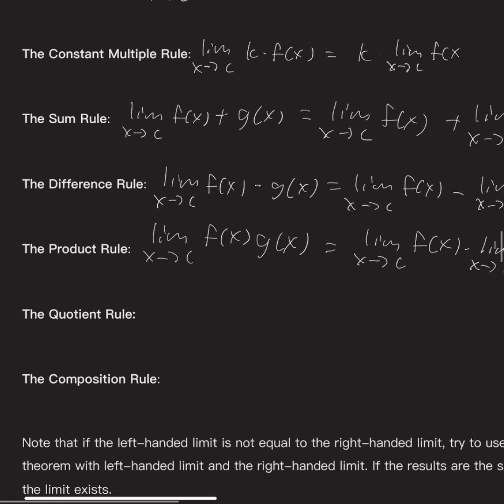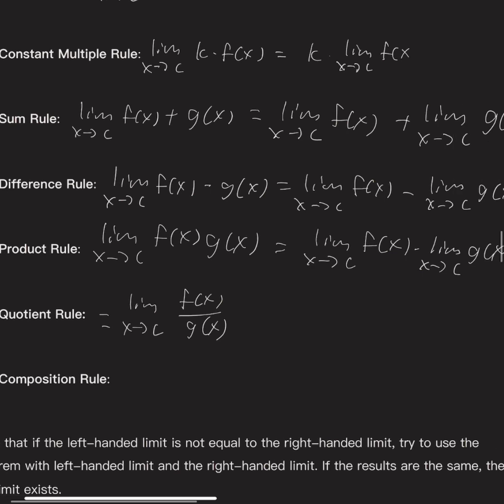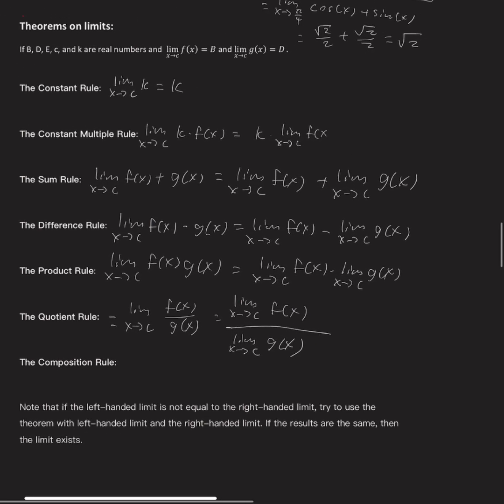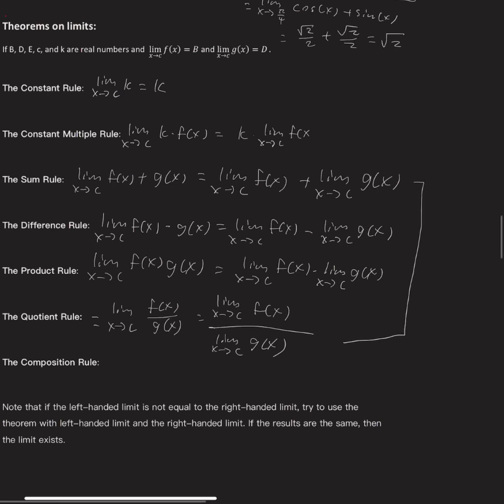The quotient rule. The limit as x approaches c of f of x over g of x is equal to the limit as x approaches c of f of x divided by the limit as x approaches c of g of x. Basically, with all these rules, we can take the functions independently, then calculate the value.